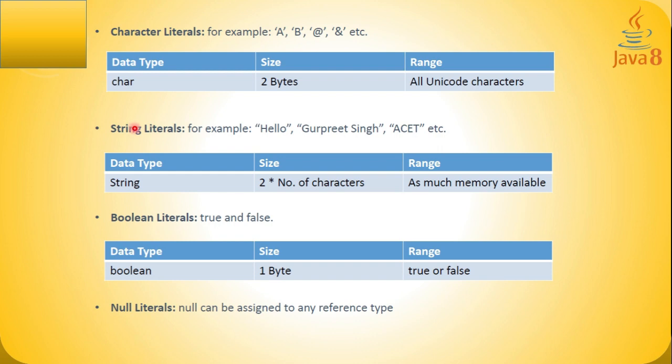String literal size is different. Each character will have 2 bytes because each character in Java uses 2 bytes. So what is the size of this one? 2, 2, 2, 2, 2. Total 5 into 2, 10 bytes.